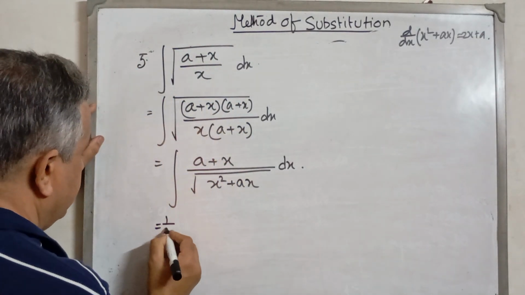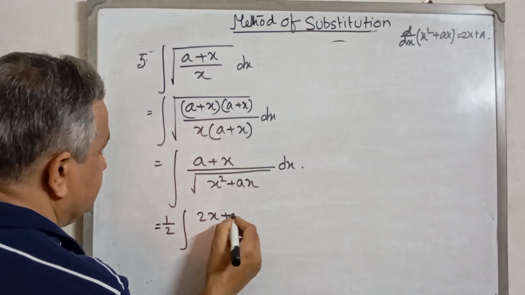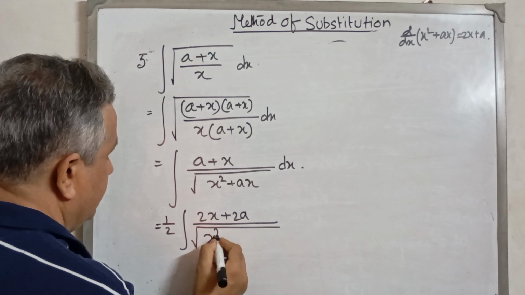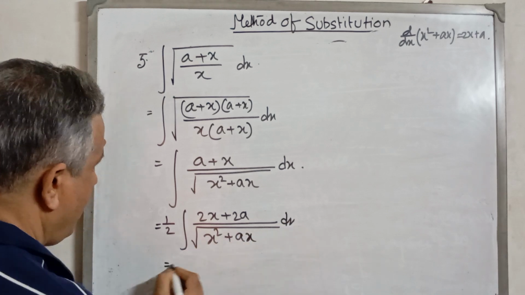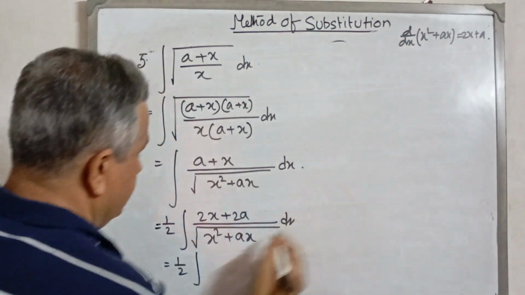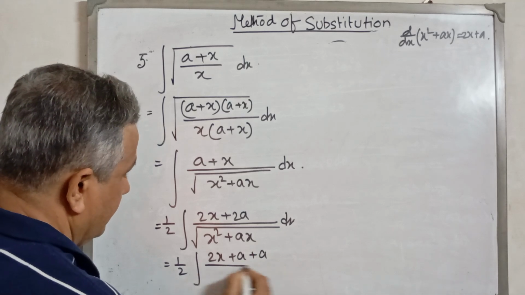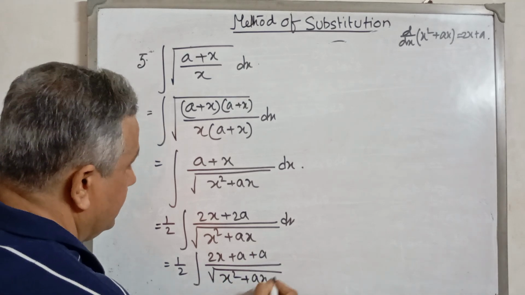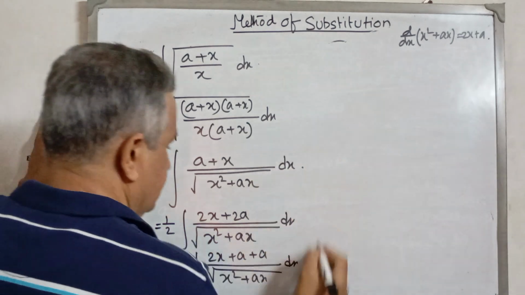So here we take half and multiply this by 2: 2x plus 2a by root over x square plus ax. Now we can write this 2x plus 2a as 2x plus a plus a by root over x square plus ax. Now we can separate this 2x plus a by this, plus a by this.